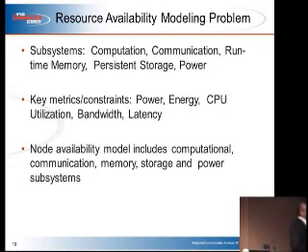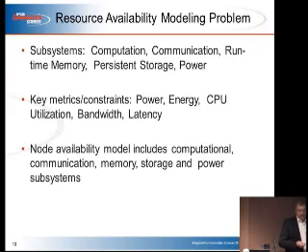Okay, so the next problem I want to talk about is the problem of the resource availability model. This refers to the nodes themselves that you need to task. These are the RF devices that are going to run the things that you actually want them to run. They have multiple subsystems: computation subsystems, processors, communication, RF subsystems, memory, storage, power.